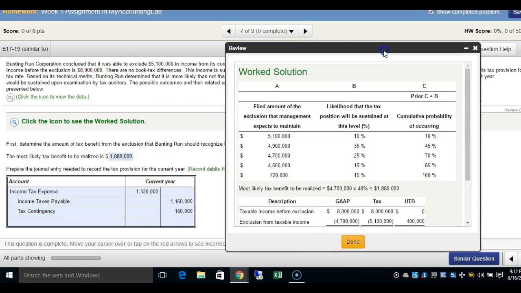So to work this problem, again, the data table is simply right here in column A. The likelihood that the tax position will be sustained is in column B. They did the cumulative adding for us. So the $4,700,000 is excluded from a taxable income of $8 million for GAAP purposes.